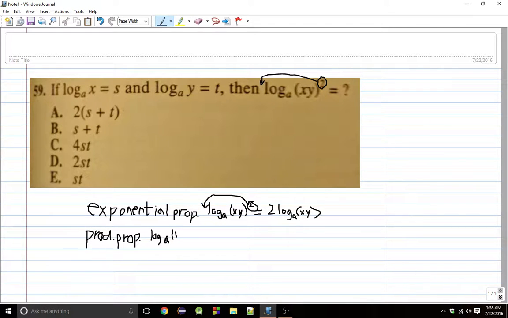So we're taking the logarithm of a product. This is the same as the logarithm of one element, or log a to the x, plus the logarithm of another element, or log a to the y.